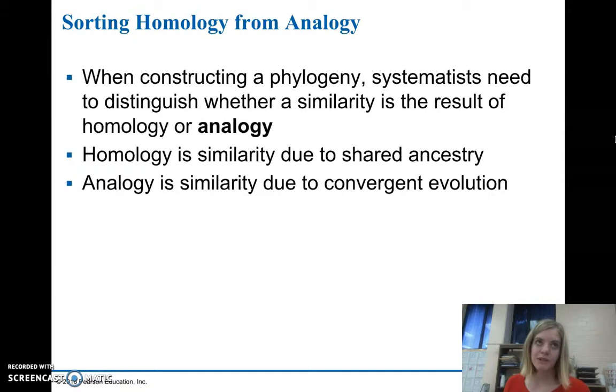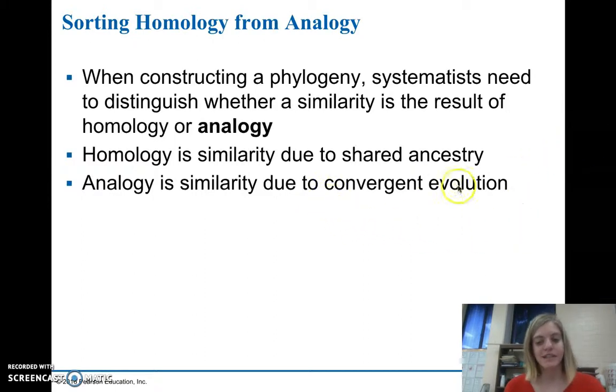One important thing is that they have to be careful to make their decisions about relatedness as a result of homology as opposed to analogy. If you remember analogy, we can see organisms that have similar characteristics, but it's because they evolved in a similar location and had to adapt to similar environments.